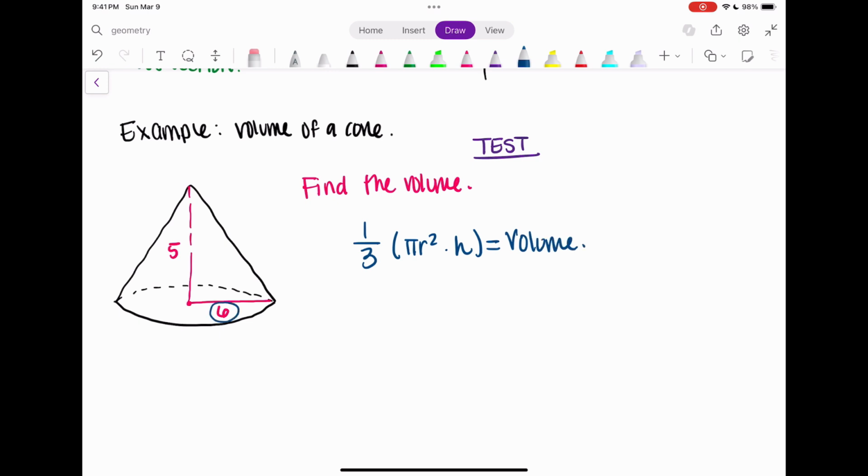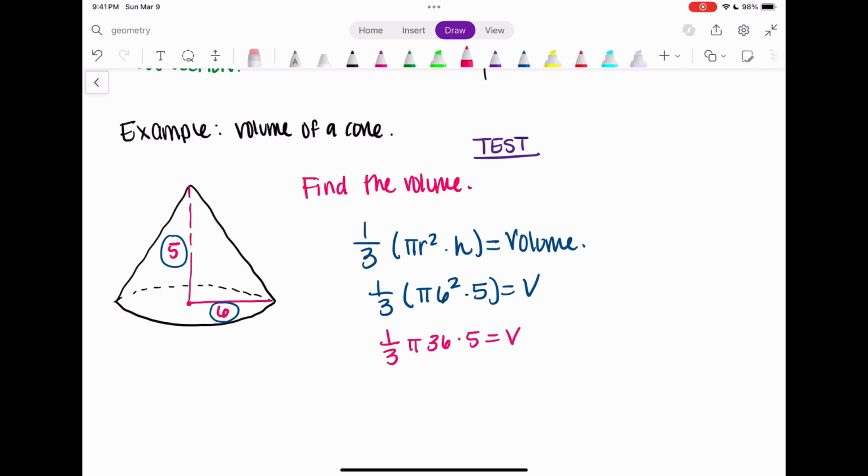I know my radius and I know my height. Okay, so I would have 1/3 pi times 6 squared times 5 is equal to volume. I will multiply my 6 times 6, which I get 36, times 5 is equal to volume.